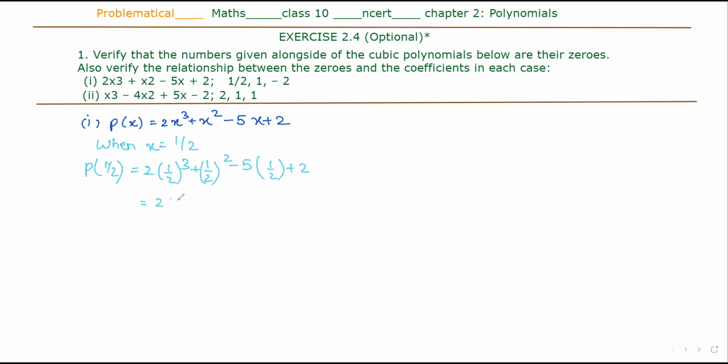This is 2 into 1 upon 8 plus 1 upon 4 minus 5 upon 2 plus 2. This is 1 half. Half minus 5 by 2 is minus 4 upon 2, plus 2, which is equal to 0. So p of 1 by 2 is 0. This is what you got.